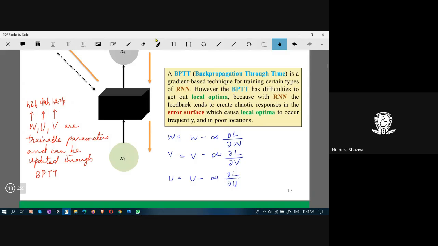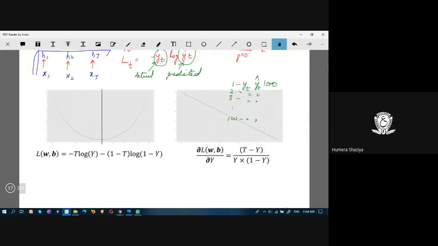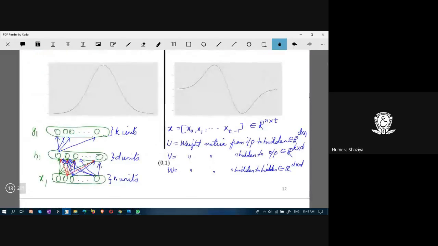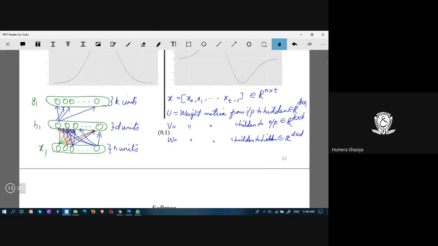So this is all about RNNs and their architectures, forward propagation, backpropagation through time, the training and their weights and equations, these variables and their sizes.